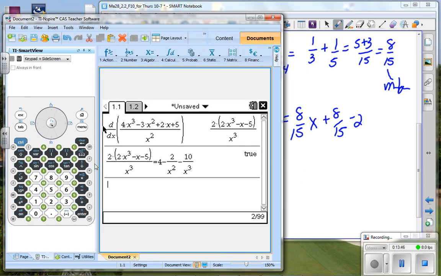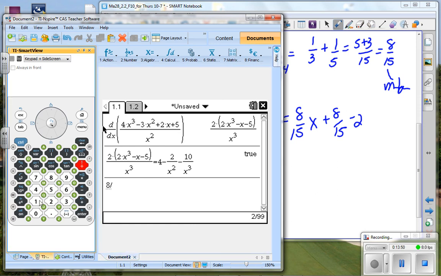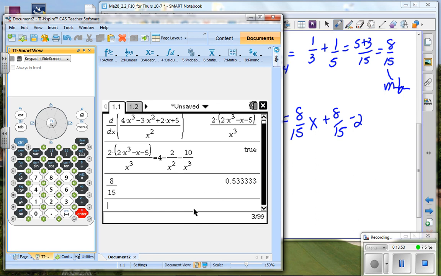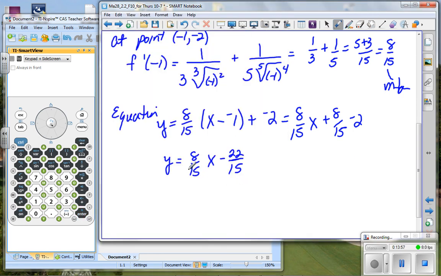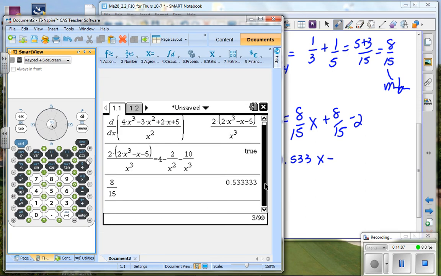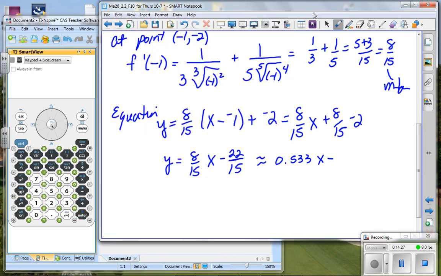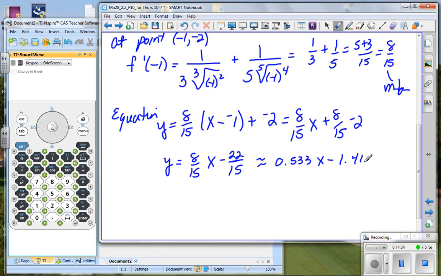So let's go in to our calculator page and let's do 8 divided by 15, and we'll do an approximation here, and it's 0.533, so this would be equivalent to approximately 0.533x minus, and let's do the opposite of 22 divided by 15, and we'll do an approximation on that also, and we have negative 1.467.